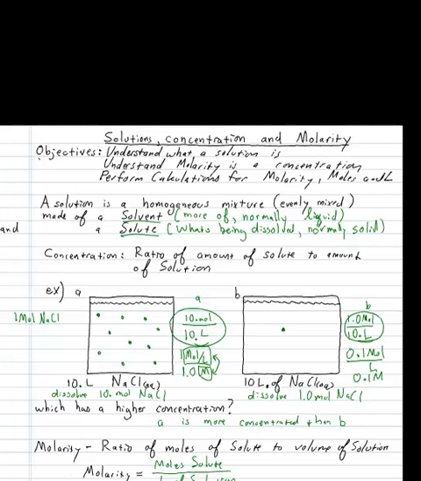You could also say, since 1 liter is 1,000 milliliters, 0.50 moles per 1,000 milliliters. But normally we're just going to stick with liters for our class. Another example, 2.0 molar NaOH. That means there's 2.0 moles of NaOH for every 1 liter of NaOH solution.